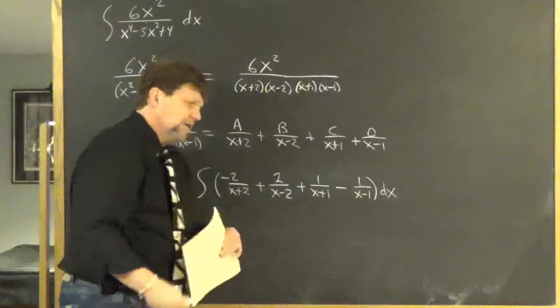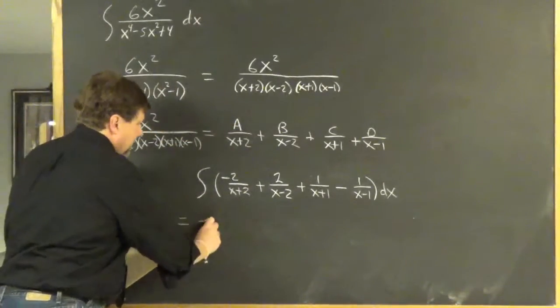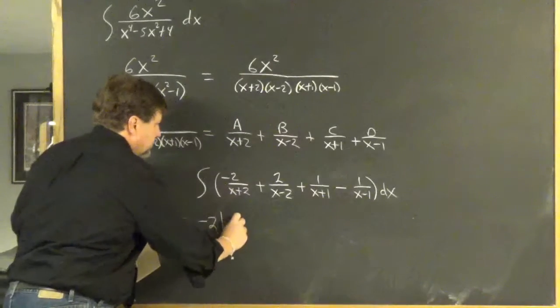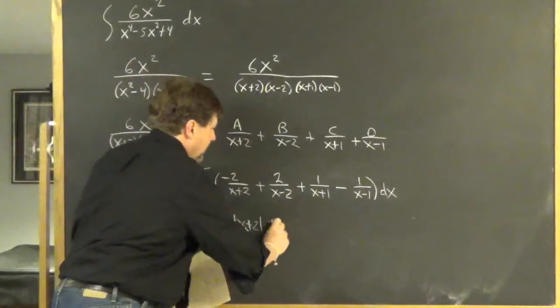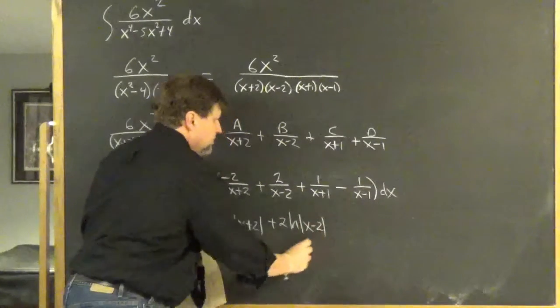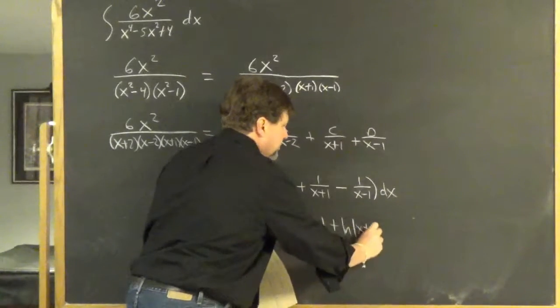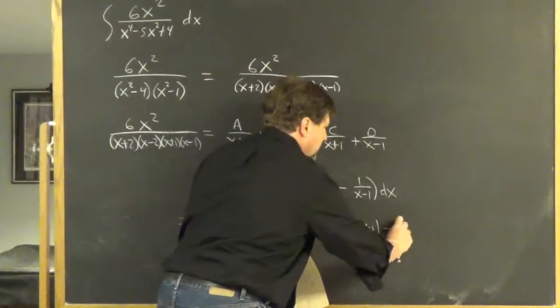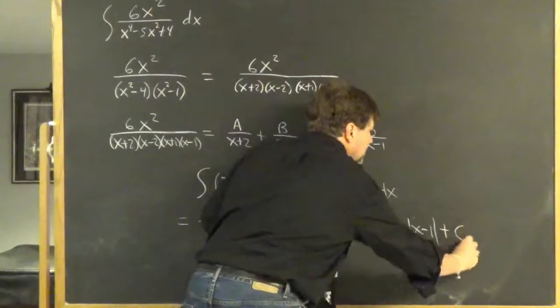And now the calculus part is actually kind of trivial. We get negative 2 natural log absolute value of x plus 2, plus 2 natural log absolute value of x minus 2, plus the natural log absolute value of x plus 1, minus the natural log absolute value of x minus 1.